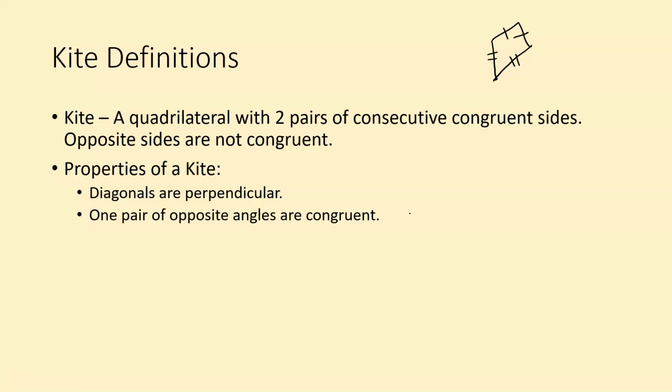Properties of a kite. The diagonals are perpendicular. So let me draw a bigger one here. So if I were to draw in some diagonals from the opposite corners, they meet at a right angle.